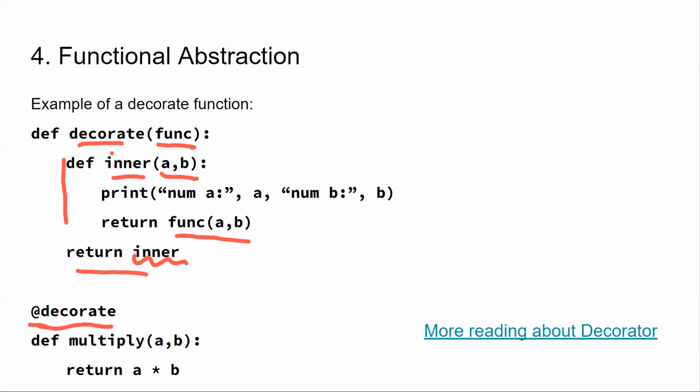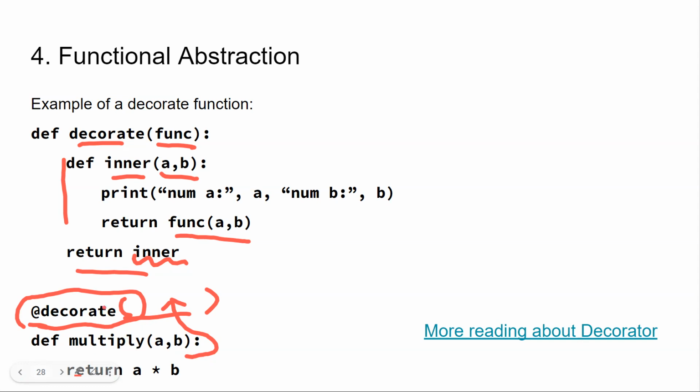So what function will the decorator function take in? I have the decorator here, at decorate with the function name. So we define multiply, AB returns A times B. Although it's kind of abstract, we pass the multiply function into the decorator function.